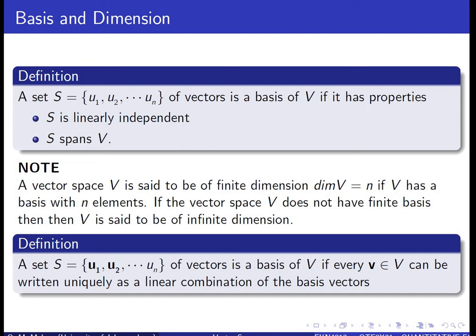A set of vectors u1, u2, all the way to un, where the u's are bold-faced to show that we're dealing with vectors, not scalars, is a basis of V if every v in V can be written uniquely as a linear combination of the basis vectors. This is what I've just said in the previous slide.